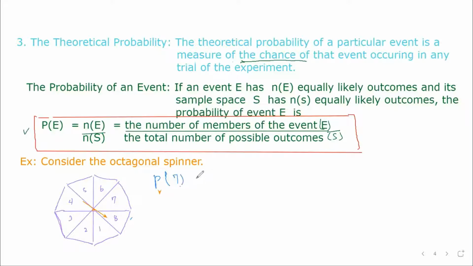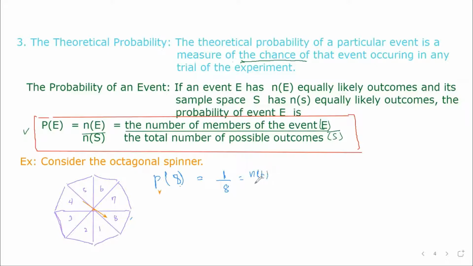So 7 is only one, right? Maybe try number 8. Because in this spinner there is only one 8, the number of ways the event can happen is 1. But the whole thing we have 8, so it becomes 1/8. So 1 means NE.